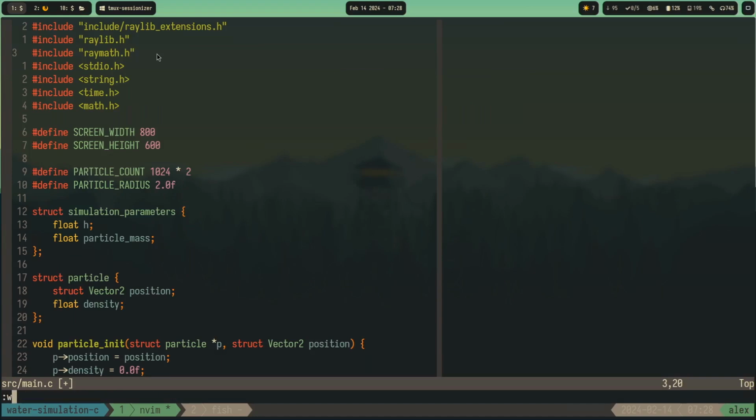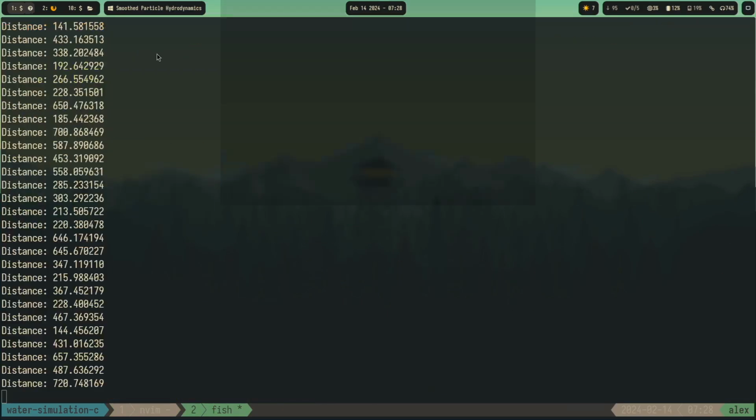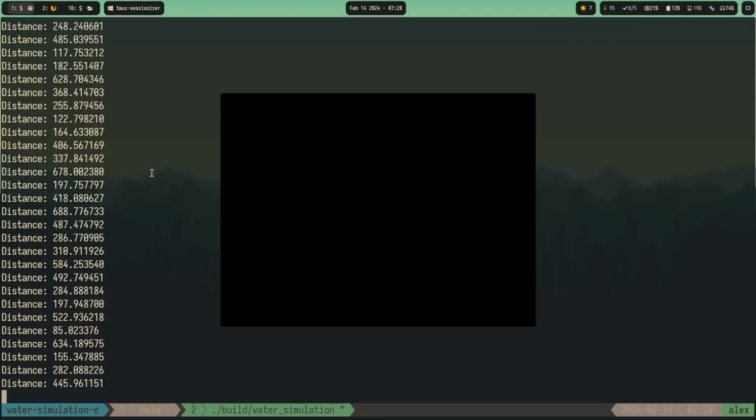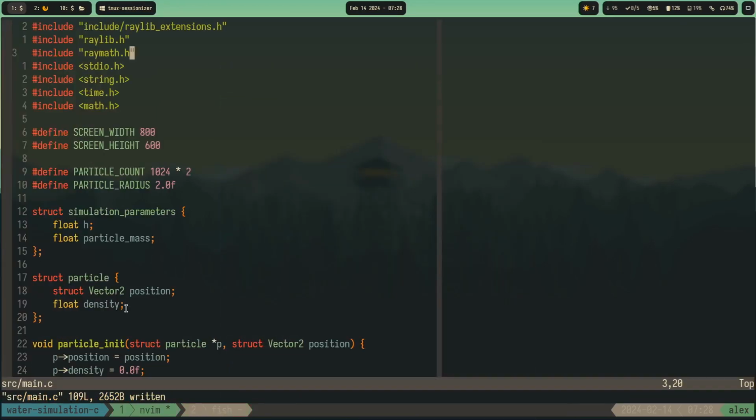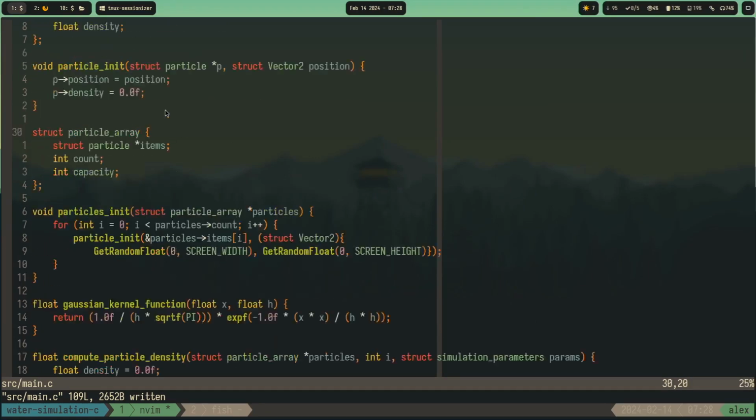If we just import Raymath, that works. Really strange. Anyway.